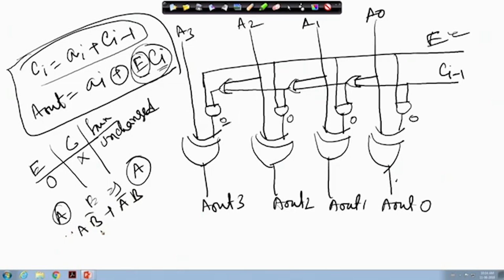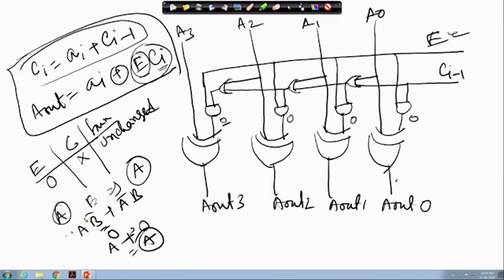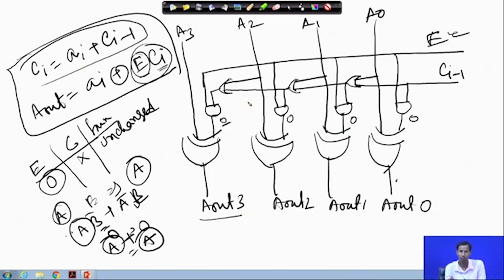So, if I put B equals to 0, so now this is A and plus this is 0 means this is 0. So, this is A. So, that means if one of the inputs is 0 in XOR gate, the output will be the same as the input. So, as each of these bits is 0, when I put the value for E equals to 0, at that time the function remains, that means the input and output are the same.